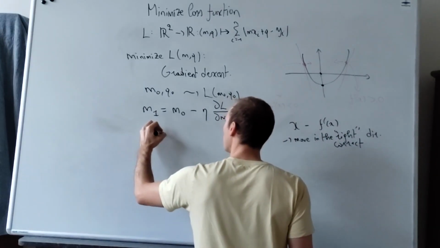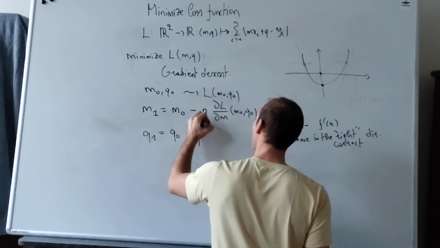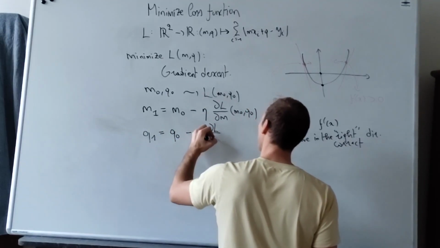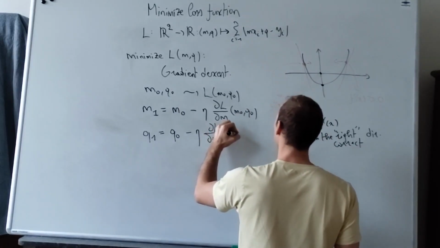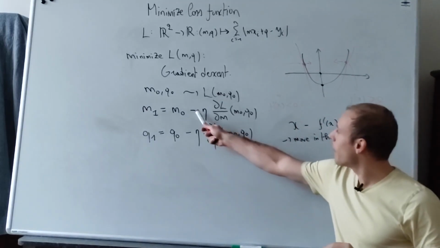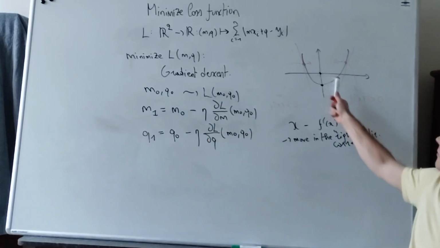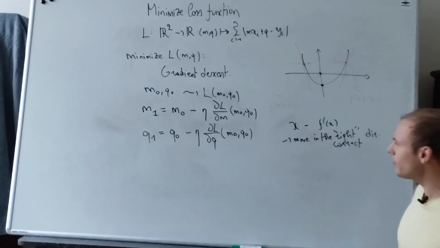And q will be updated to q0 minus the same eta times the partial derivative in the q direction at m0 and q0. Why this minus? This is exactly as in the one variable case, to go towards the minimum.